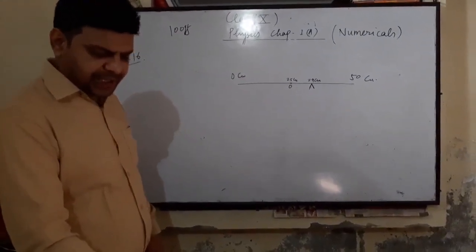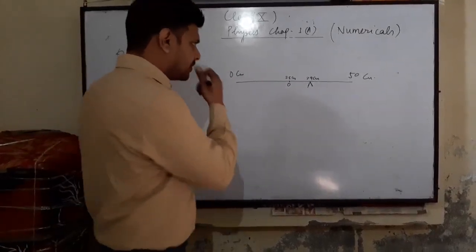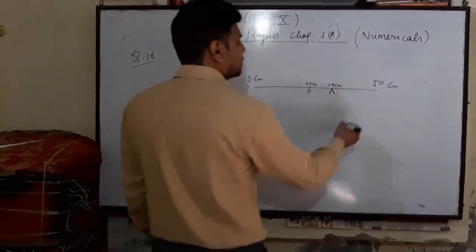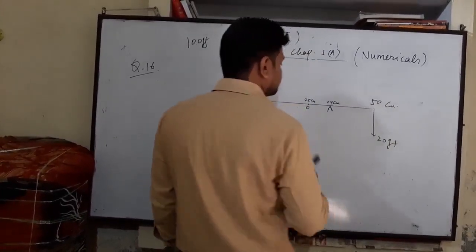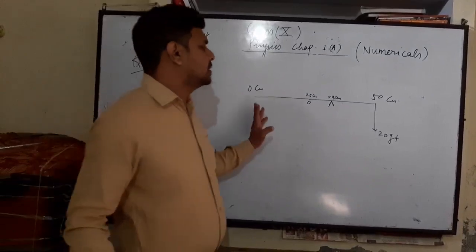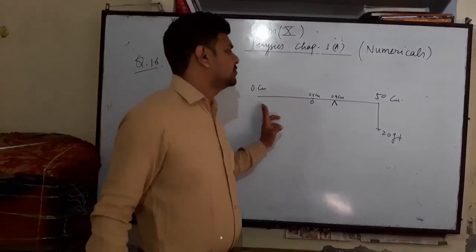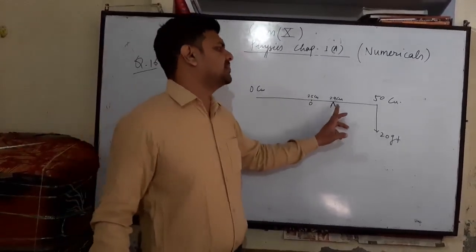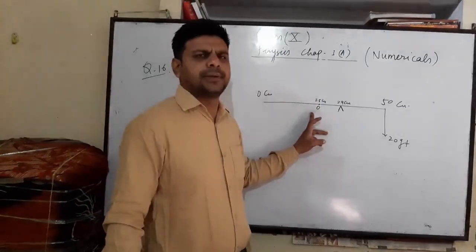When a mass of 20 gram is hung from its one end, this is the mass of 20 gram hung from its one end. Now, in this question, as I told you in the last question, this rule is pivoted at the 29 centimeter mark, not at the midpoint.